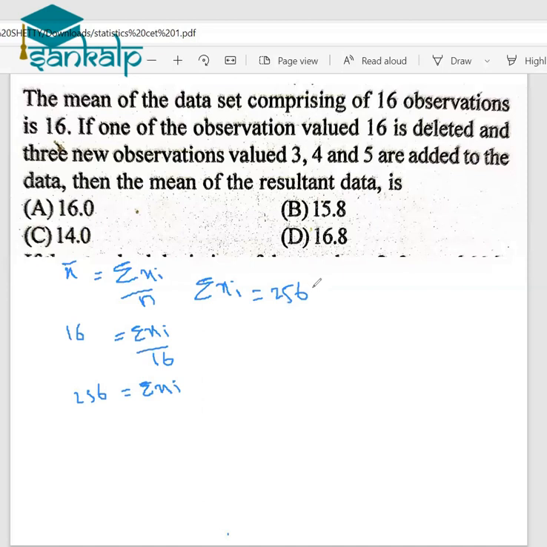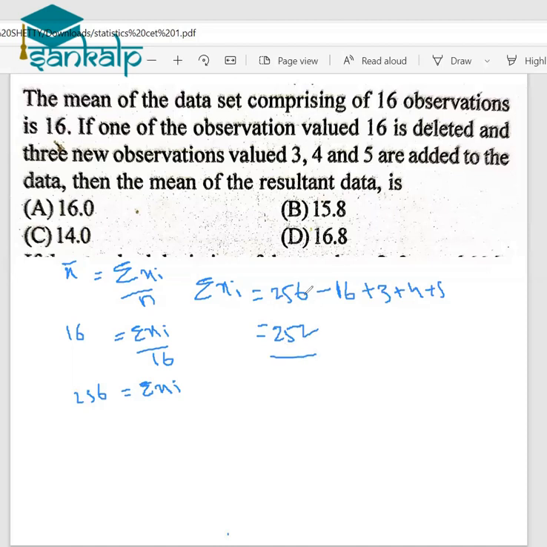In this 256, one observation, that is 16, is getting subtracted and 3 observations, that is 3, 4 and 5, are getting added. On simplifying, 256 minus 16 is 240, and 240 plus 3 plus 4 plus 5 is equal to 252.